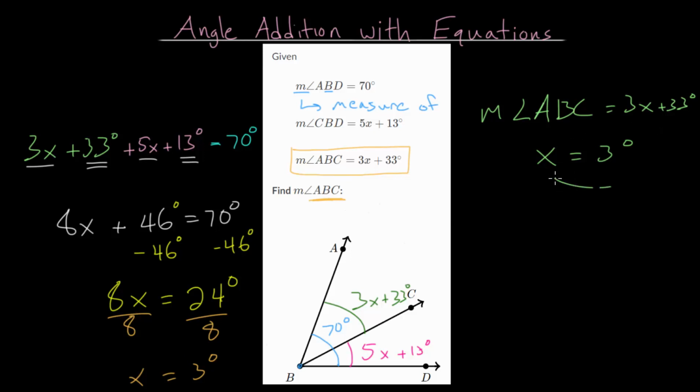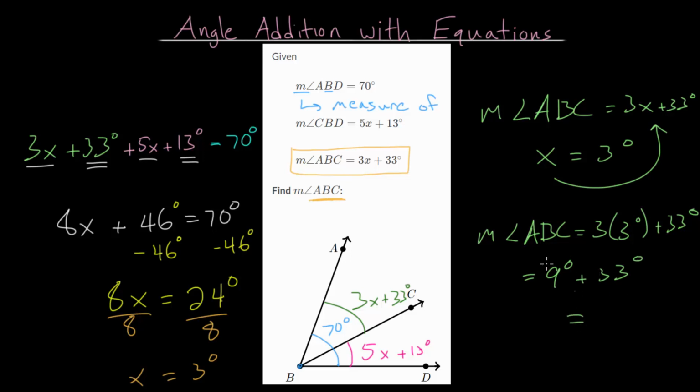So let's just plug this in so that the measure of angle ABC is 3 times 3 degrees plus 33 degrees. We know 3 times 3, that's just 9, so we have 9 degrees plus 33 degrees, which is 42 degrees.